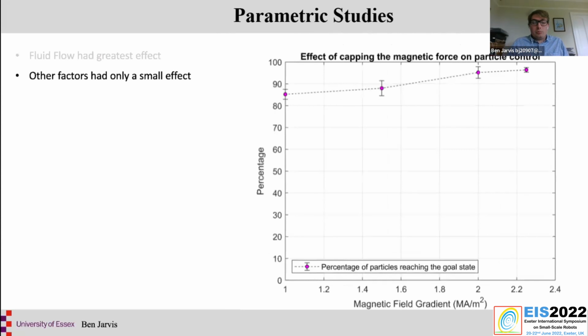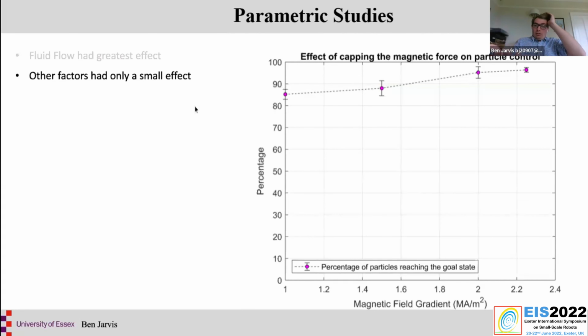I've left this graph in here just to say that there were other parameters that didn't have quite as much of an effect. This graph shows the capping of the magnetic field gradient, so preventing the user from using the entire simulated power of the coil setup, and how this affected the number of particles that would reach the goal.